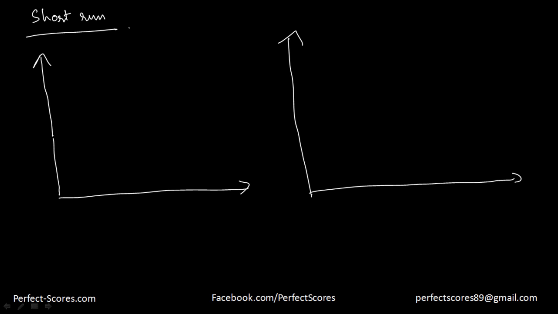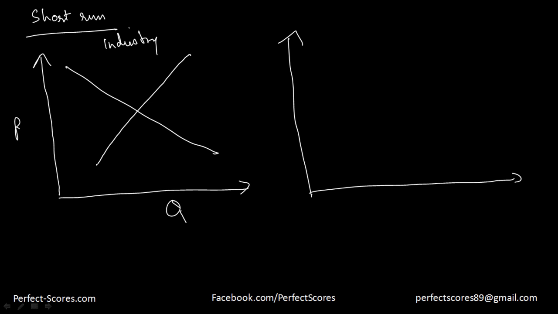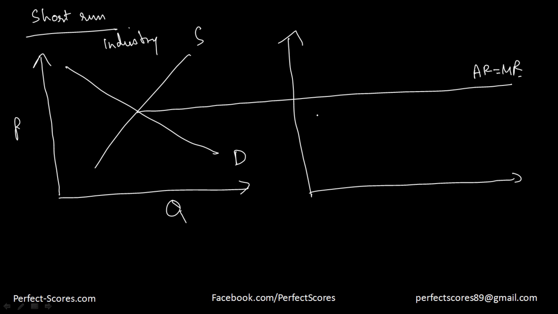That is, we have our price, we have our quantity, and the price is actually given by the industry demand and supply curve. Right? So this is demand, this is supply, and this is given by this. So you have average revenue equal to marginal revenue here, and then you have this as your price, and this is your average cost, right? And this is your marginal cost.